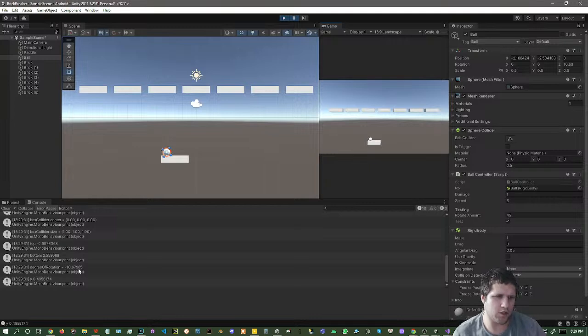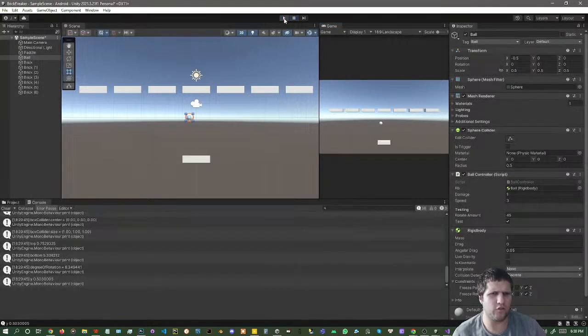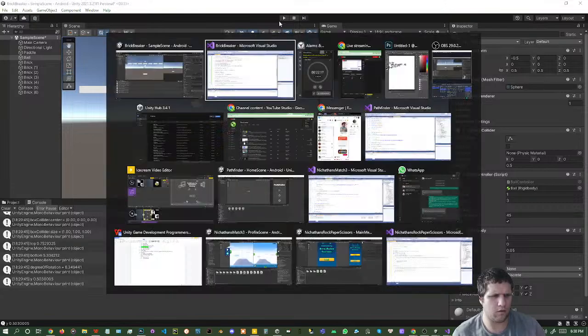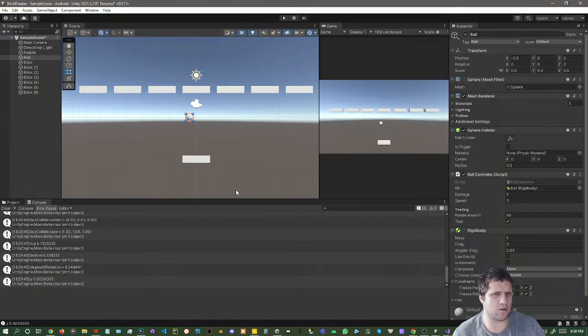Degree of rotation of negative 10. Okay. A degree of rotation of 6. Huh. Is it really going off of 45? So it's the top divided by the bottom times the angle of rotation.